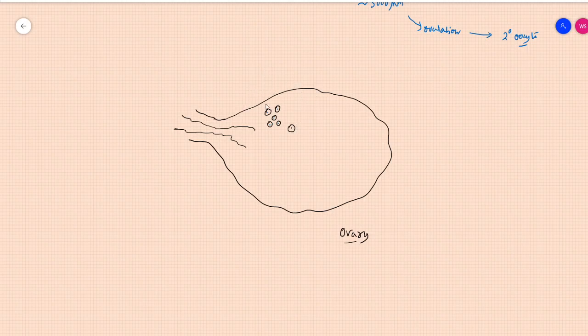Okay, so these are primordial follicles. Okay, so we said primordial follicles contain what? The primary oocytes. And these are about 19 micrometer in diameter. And so these are basically resting follicles, okay?